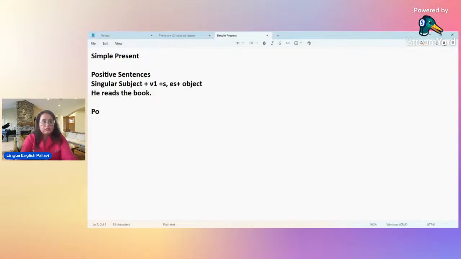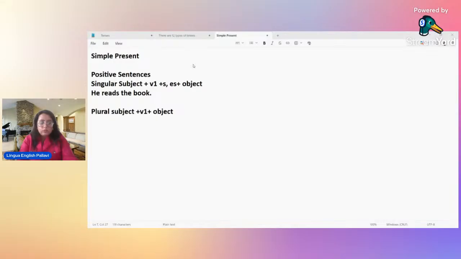Next is another rule. It goes with a plural subject. Plural subject is something that is more than one. Plural subject plus V1 plus object. What happens over here? We are not going to add s or es.